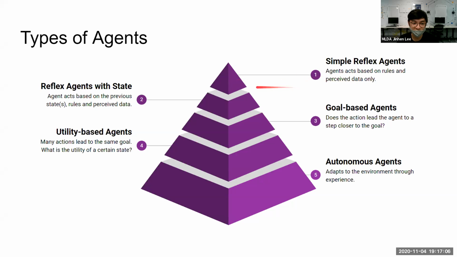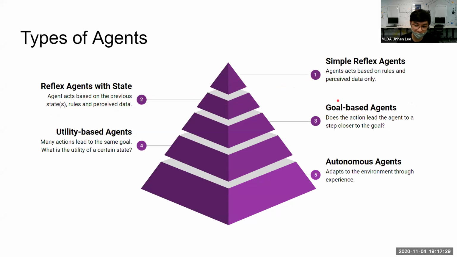Going one step further, we have state. This basically means that the agent has memory, which means it will act based on the previous state, the rules again, and the current data that it's seeing. This one so far has no goal. If we want to talk about reaching the finish line, we also need a goal in the end.